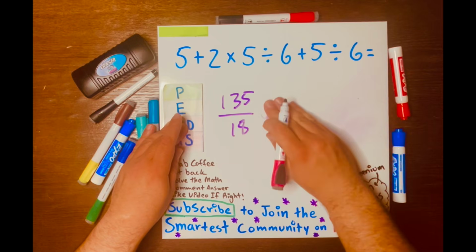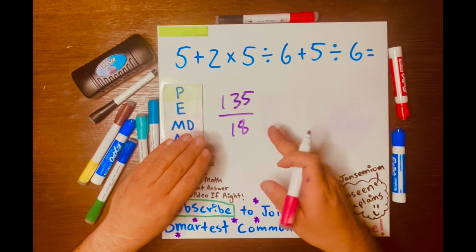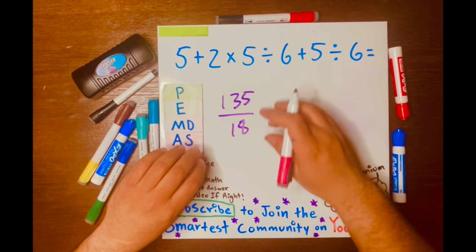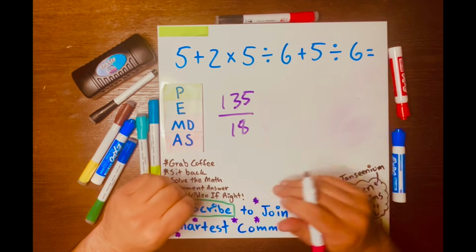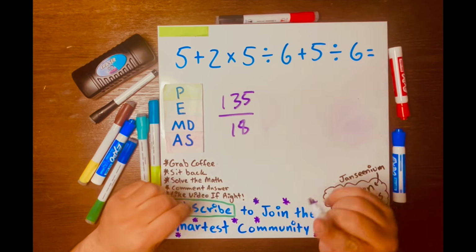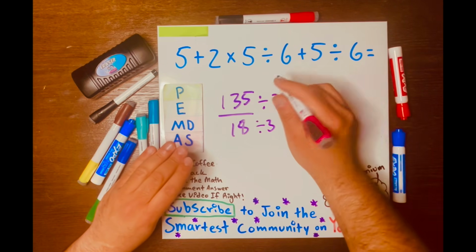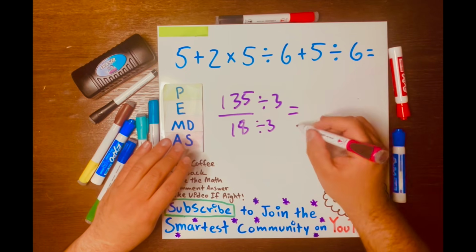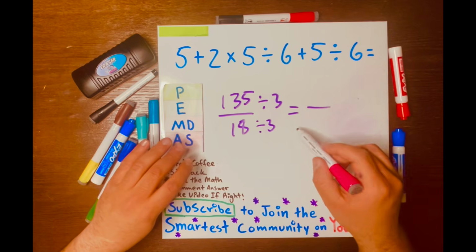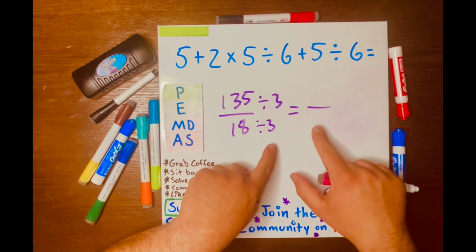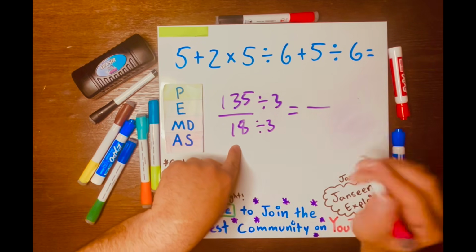And we can, let's see, we're not going to half them because the top and bottom numbers are even and odd. So they're both not even, so we can't just half them. But I know that if we divide them by 3, 135 divided by 3 and 18 divided by 3. So 18 divided by 3, something times 3 equals 18. 6, right? 6 times 3 is 18.